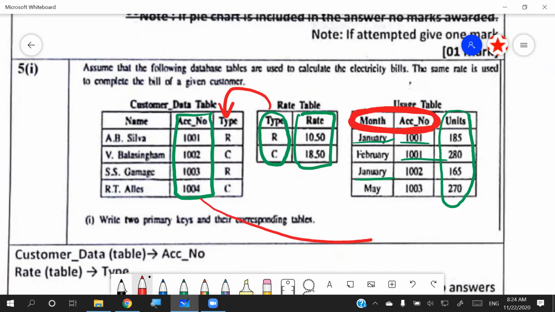And account number over here is going to be a foreign key. So the account number column on the usage table is going to be a foreign key, right? So type in the customer data table and account number in the usage table.